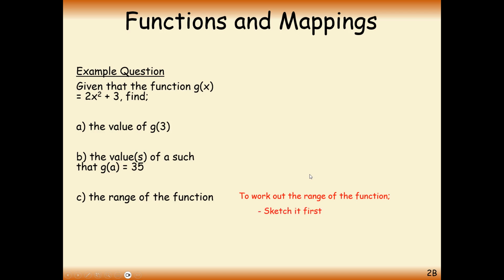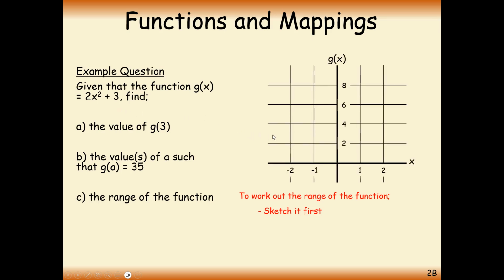Now we've been asked to work out the range of the function. Range means y values. So what y values can be given to us? If you consider the graph, this is the x squared graph that has been stretched by a factor of 2 in the y direction and has been translated upwards by 3.